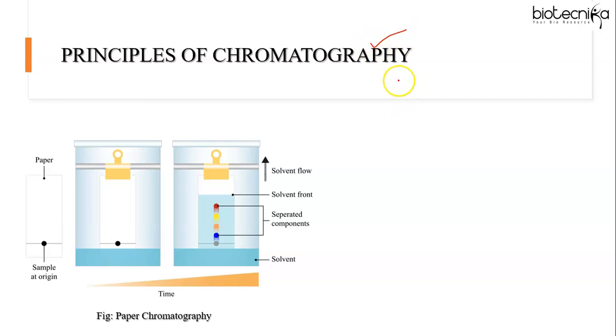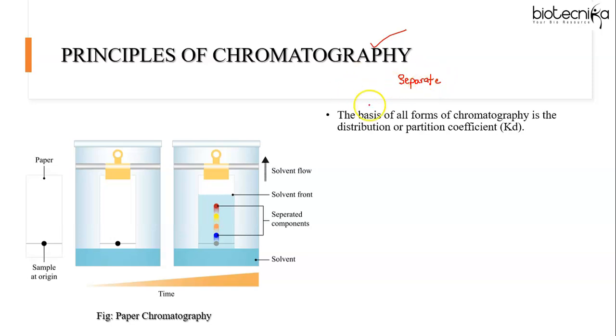As mentioned earlier, it's a separation technique. The purpose of chromatography is to separate a complex mixture into individual components, exploiting the partition effect which distributes the molecules into different phases. The basis of all forms of chromatography is the distribution or partition coefficient, represented by Kd, which describes the way in which a compound, that is the analyte, distributes between two immiscible phases.